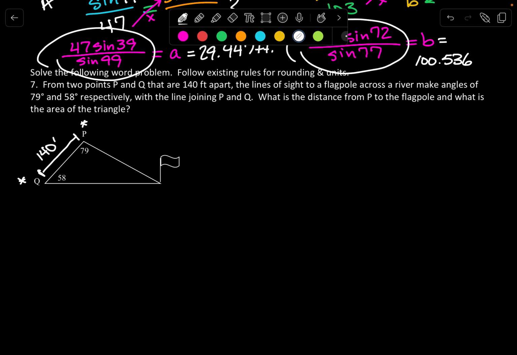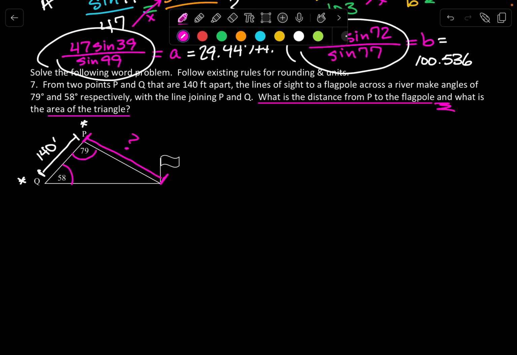The lines of sight to a flagpole across a river make angles of 79 and 58 respectively, with the line joining P and Q. What is the distance from P to the flagpole? P to the flagpole. We're looking for that side. And what is the area of the triangle?